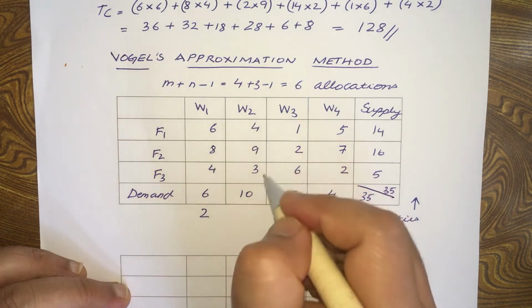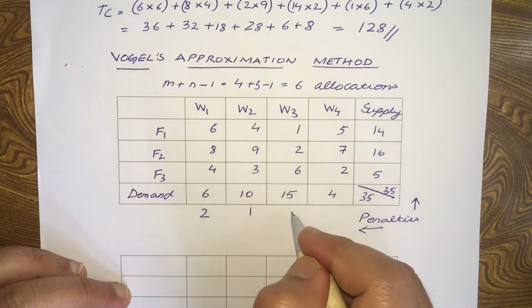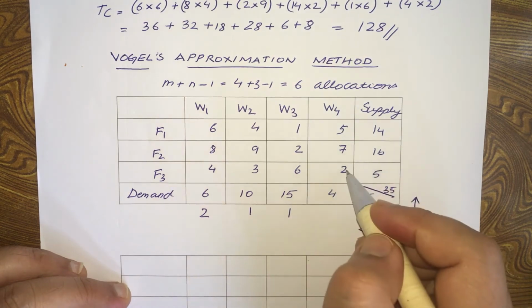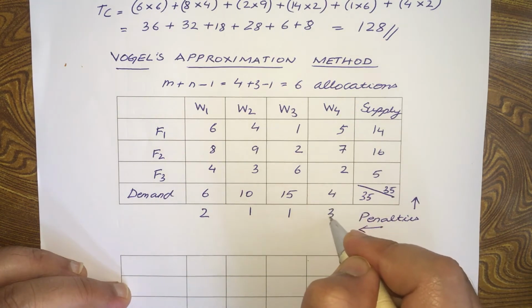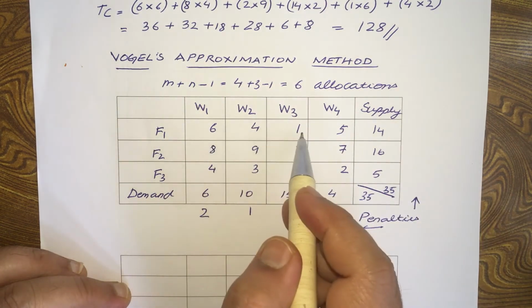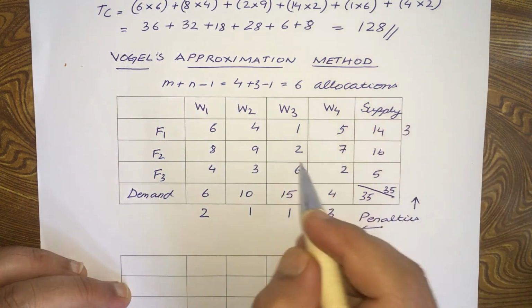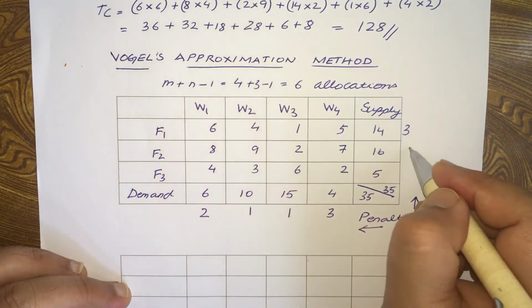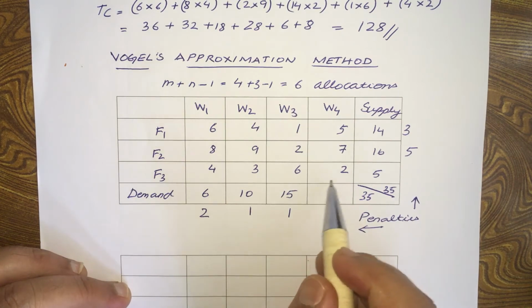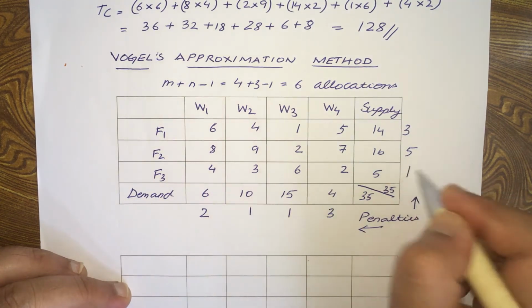This would be 2, 4 minus 3, 1, 1 and 2, 1, 2 and 5, 3. Now 1 and 4, 3, 2 and 7, 5, 2 and 3, 1.